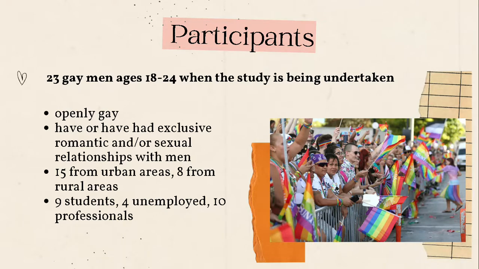They were self-identified gay men who have or have had exclusive romantic and/or sexual relationships with men. Notably, 15 came from urban areas while 8 from rural areas, and 9 were still students, 4 were unemployed, and 10 were already working professionally.